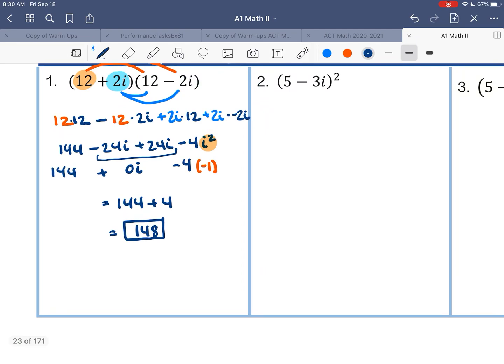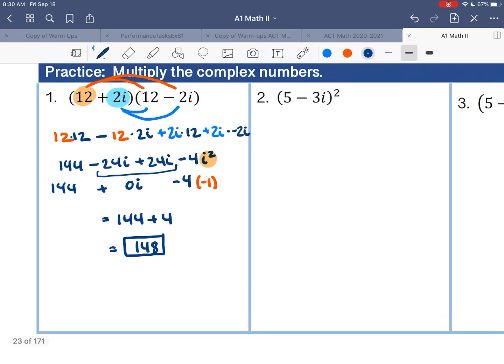Something that is cool about this: these two complex numbers, 12 plus 2i and 12 minus 2i, we call these conjugates. Let me make sure I'm spelling that right. No, I wasn't. Conjugates.